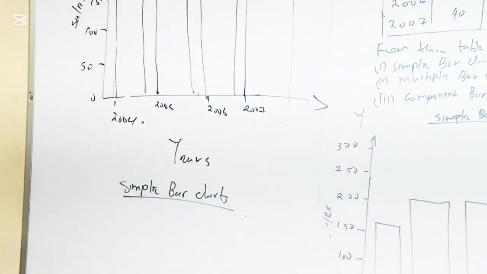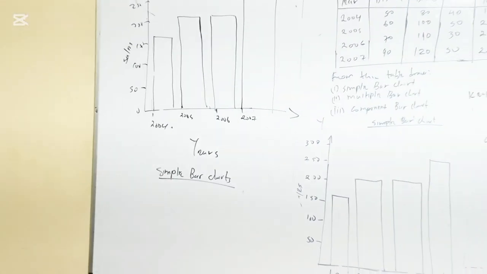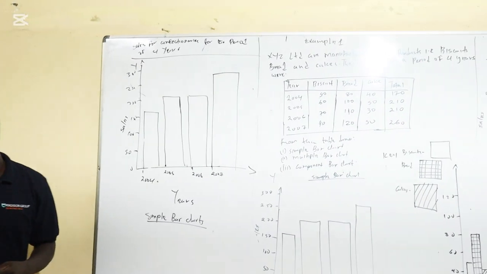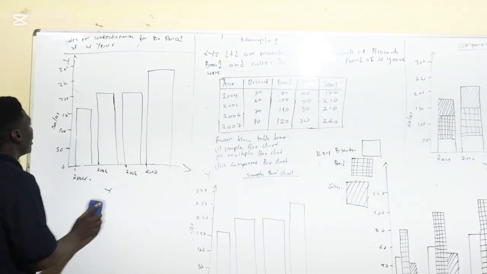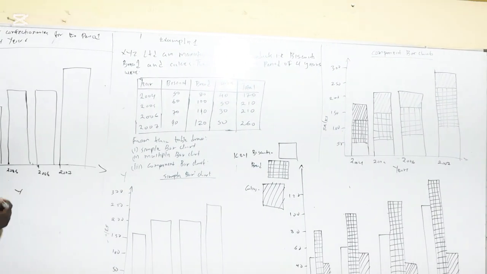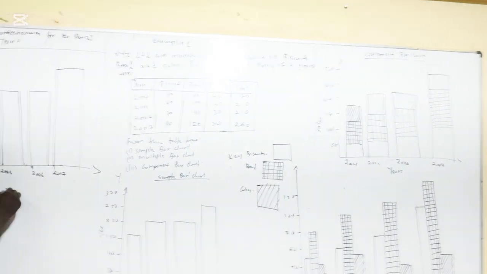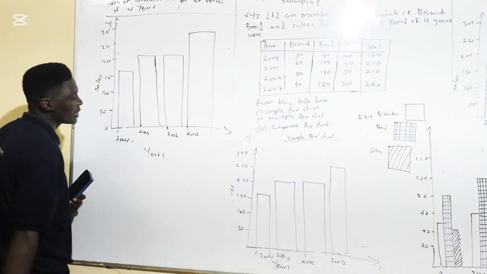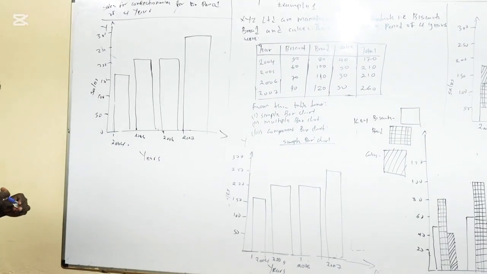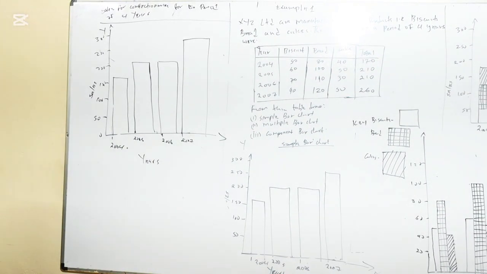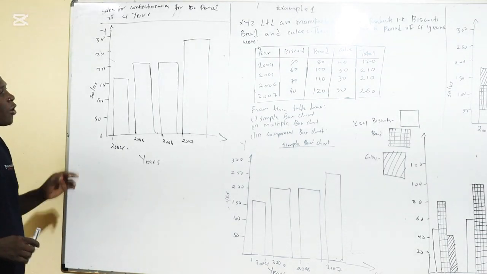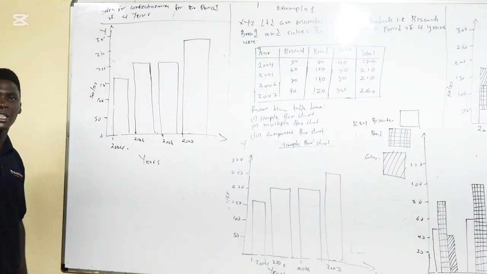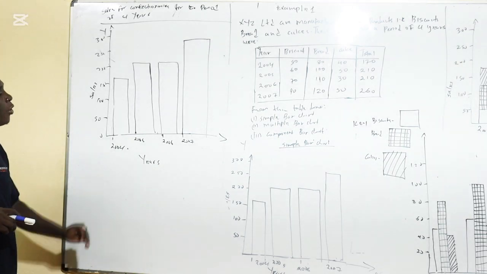So there being no further question, I'll proceed to multiple bar charts. Now, I need to note that there is not much difference between a simple bar chart and a multiple bar chart. The smallest difference is that with components, each bar will be subdivided into groups, or components.